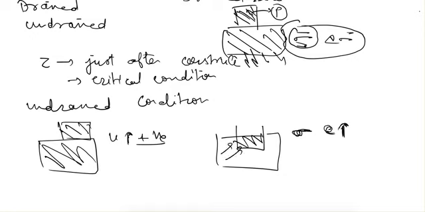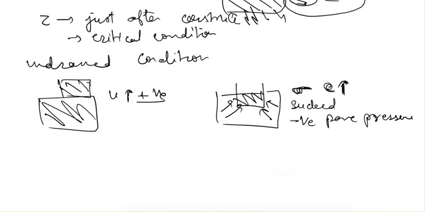Because of that volume expansion, water is sucked into the soil, and that means negative pore pressure will exist. So in undrained soil there are two conditions. First is pore water pressure is positive and next is pore water pressure is negative.